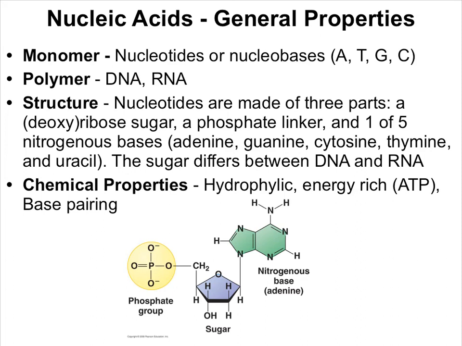The differences between DNA and RNA, one of them is the substitution of uracil for thymine. The other is a change in the sugar group. DNA uses deoxyribose. That's what the D in DNA stands for. RNA stands for ribose. All right?